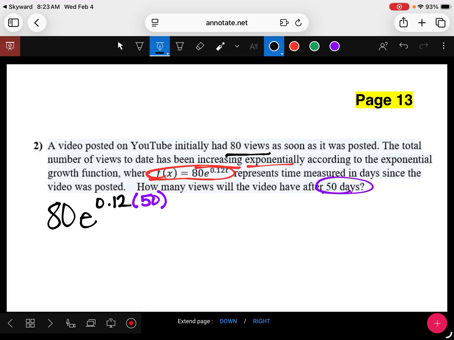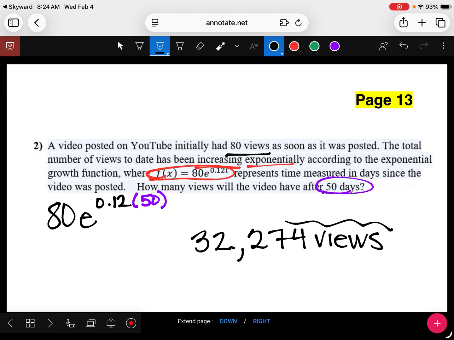So we should get that on day 50. You can't have half of a view, so that's a whole number. You should have 32,274 views. All right, any questions about number 2?